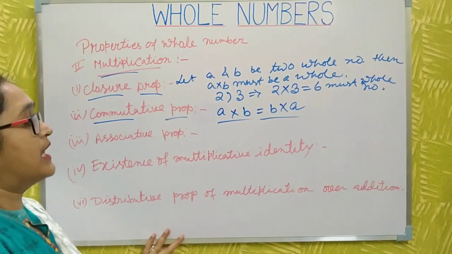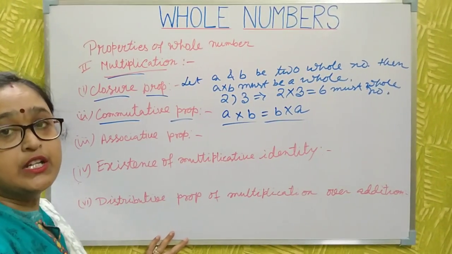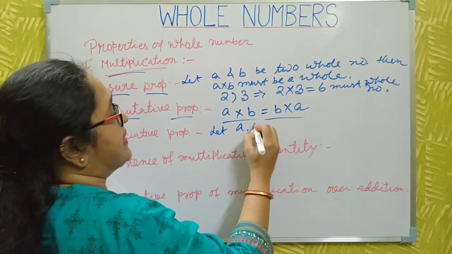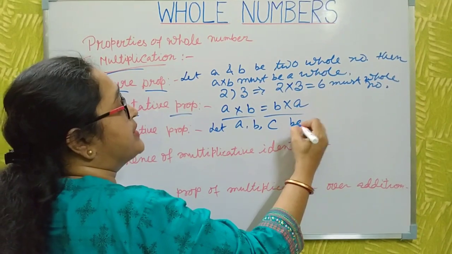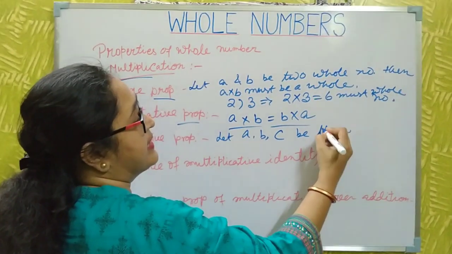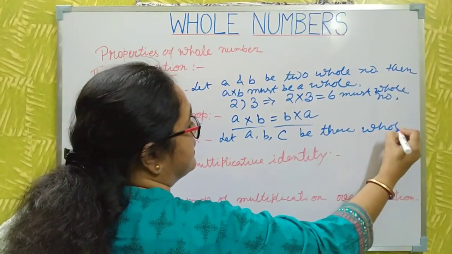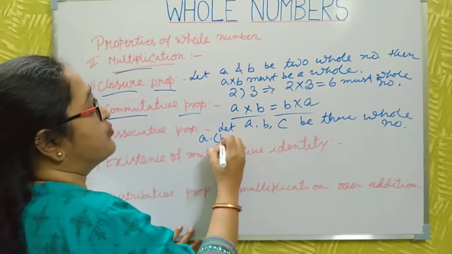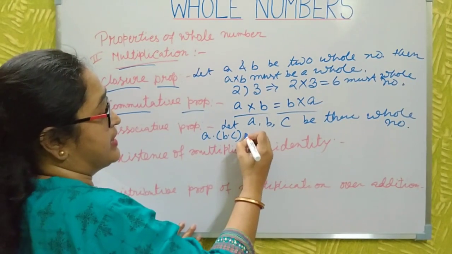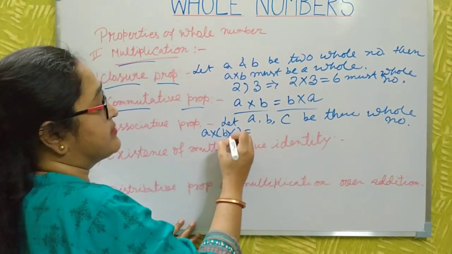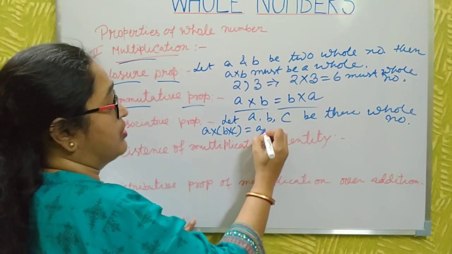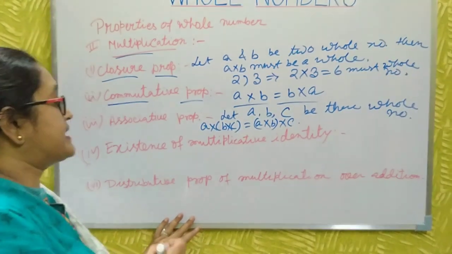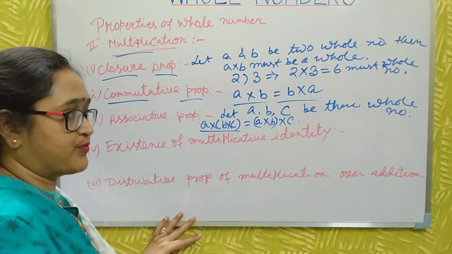Okay, now the associative property. What is the associative property? Let A, B, C be three whole numbers. Then A into B into C is equal to, you can write in multiplication like this also, A into B into C. This is called the associative property.